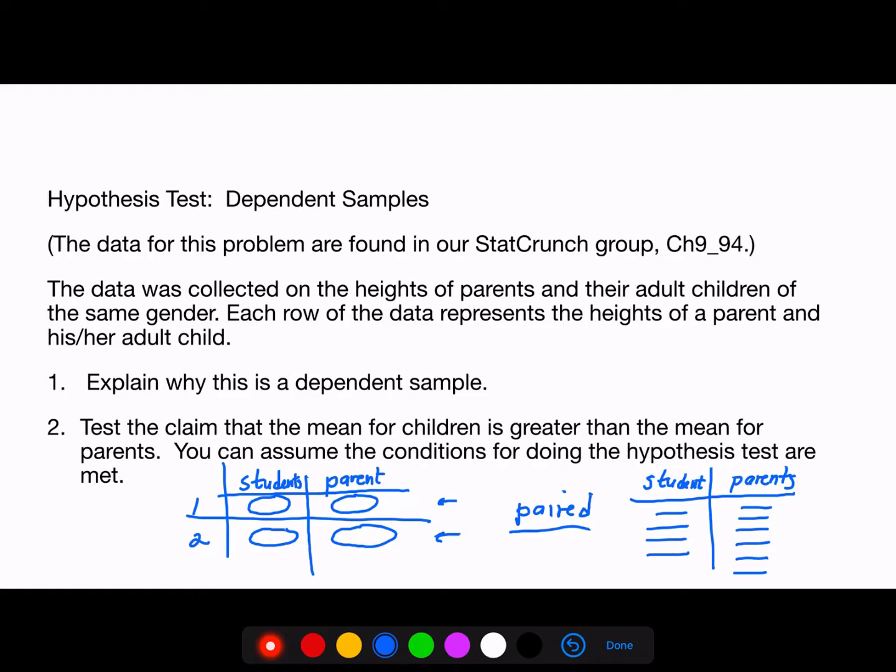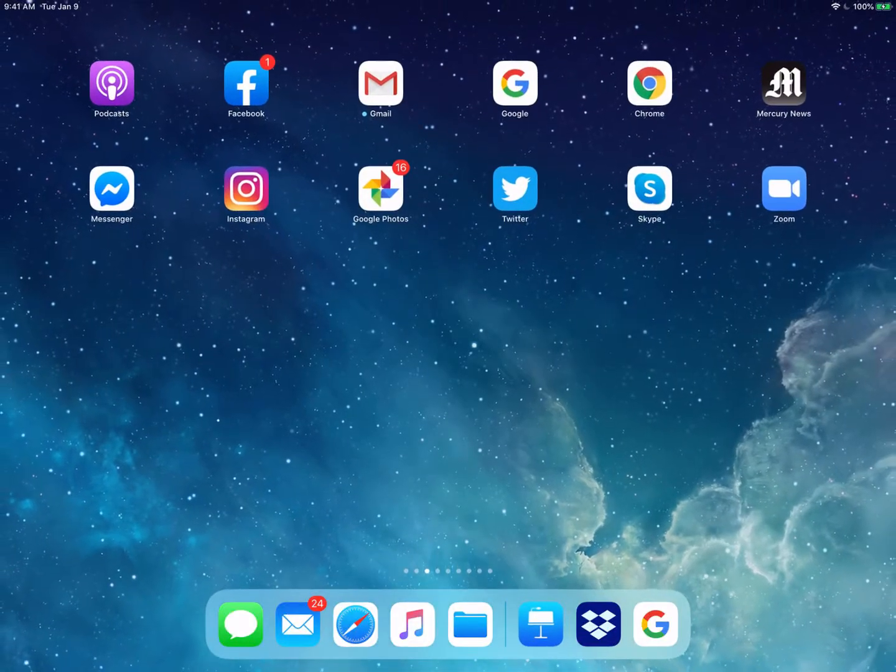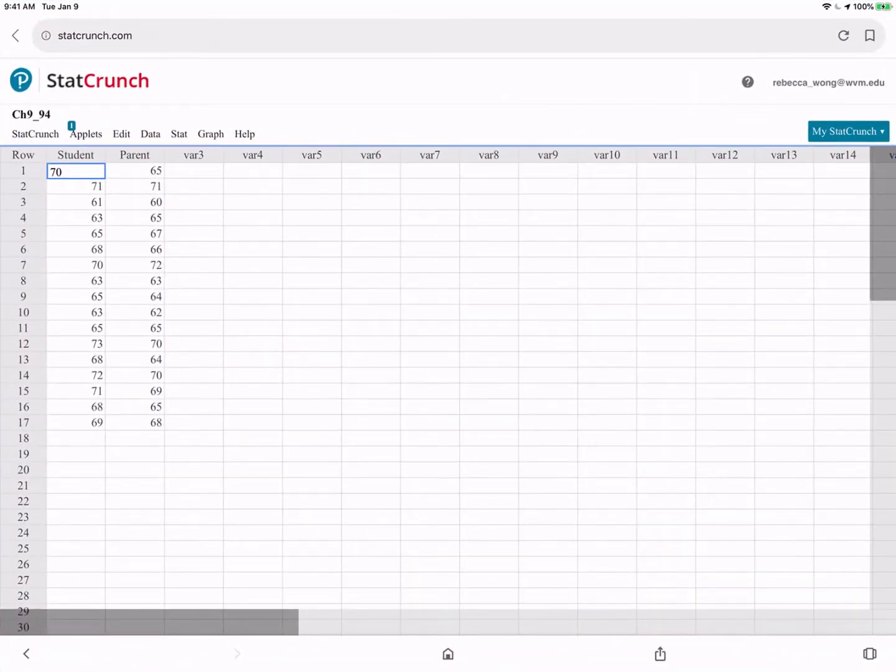But the data that we're going to see, let's take a look at it right now. For example, in row 1, there was a student that was 70 inches and his or her parent was only 65 inches tall. In row 2, we see a student who's 71 inches and his or her parent is also 71 inches. So the two numbers that are next to each other represent a family unit, a parent and an adult child.